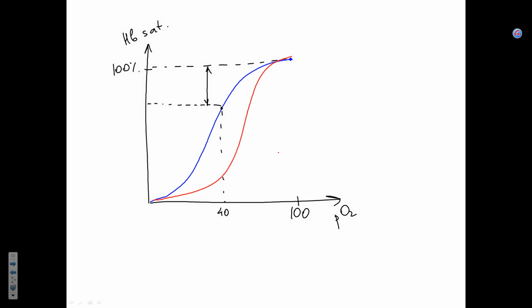So that's the right shift. It's a pretty considerable right shift, to be honest. Now, look what happens to the unloading at the same partial pressure of oxygen. Is that bigger or smaller than it was at the normal temperature? Much bigger.